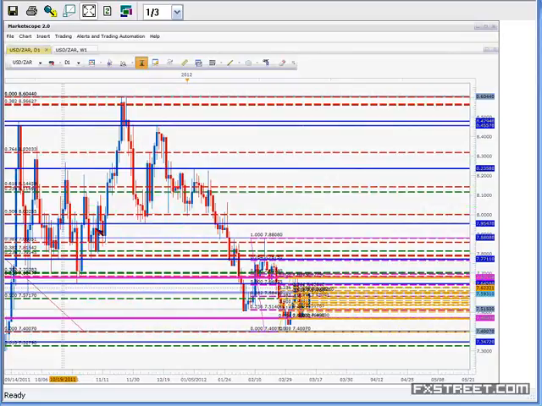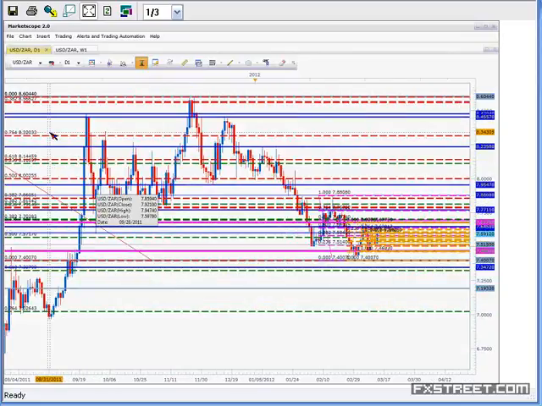See that spike down there? See that candle that spiked down there? 59.78. Can you see that?